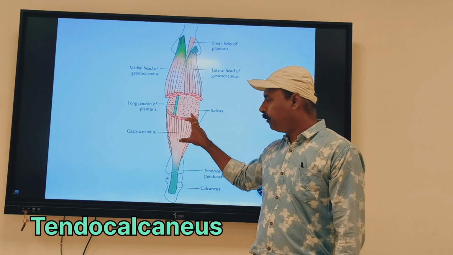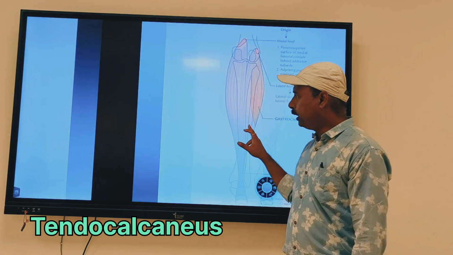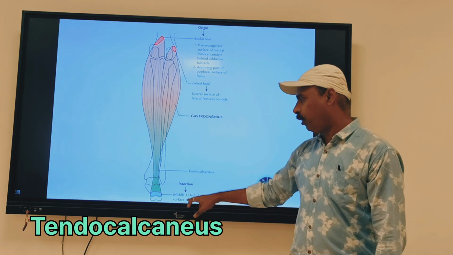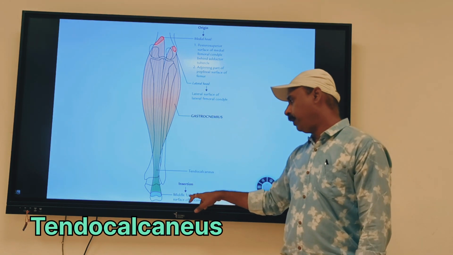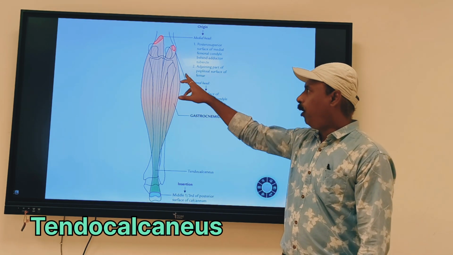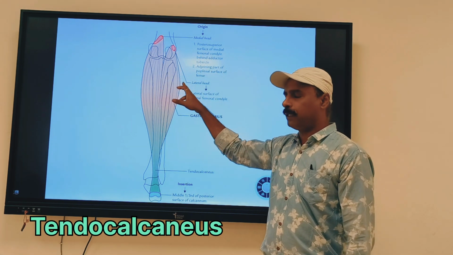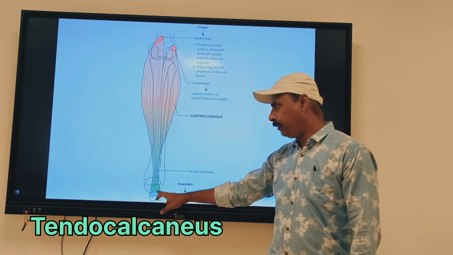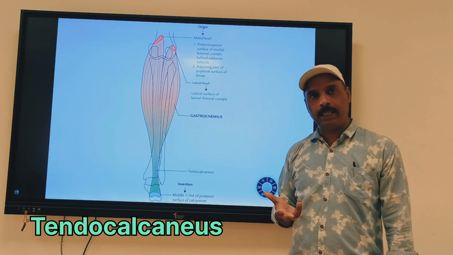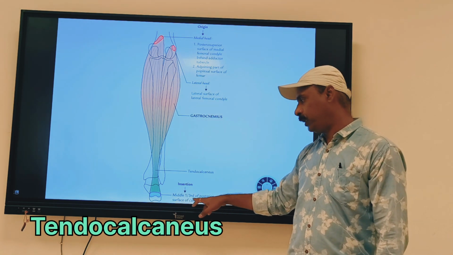I have told you this is very important. When you see all these tendons making insertion, we get it on the middle one-third of the posterior surface of the calcaneum. All these muscle origins I have told: medial head of Gastrocnemius, lateral head of Gastrocnemius, and the common insertion of the Tendocalcaneus, in the calcaneus bone, the middle one-third of the posterior surface.